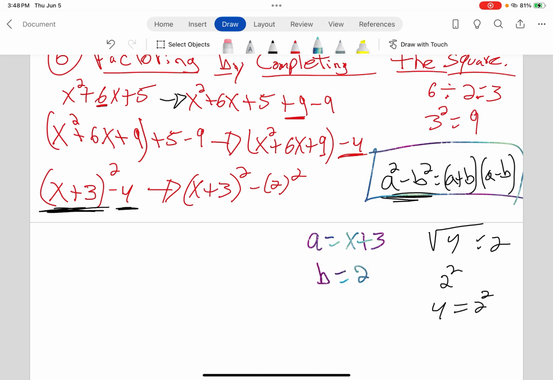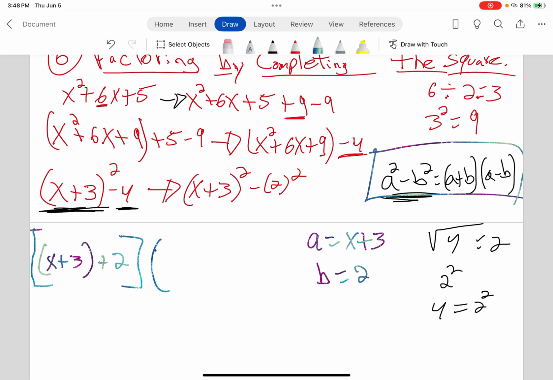So the formula says that here will be a, which is x plus 3, closing parenthesis, plus b, who is b? B is 2. And then I need another parenthesis here to make a product, times a minus b.